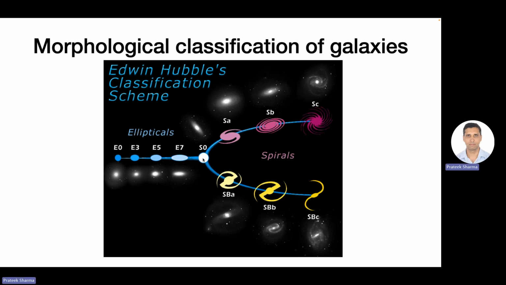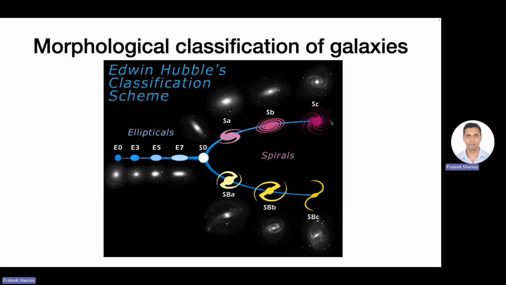As you move towards the right, the galaxies become more and more dominated by spiral arms. The top and bottom are distinguished by the presence of something called a bar. In the bottom part of this tuning fork, there is a linear feature called a bar, and on the top you have these spiral arms.